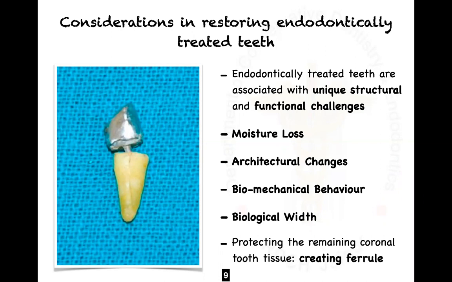This width of about 2.5 mm you have to respect, and no restoration margin should be present in this 2.5 mm area. You have to respect the restoration margin, and the crest of the alveolar bone has to have 2.5 mm of biological width. And lastly, I've discussed enough about this thing known as ferrule.